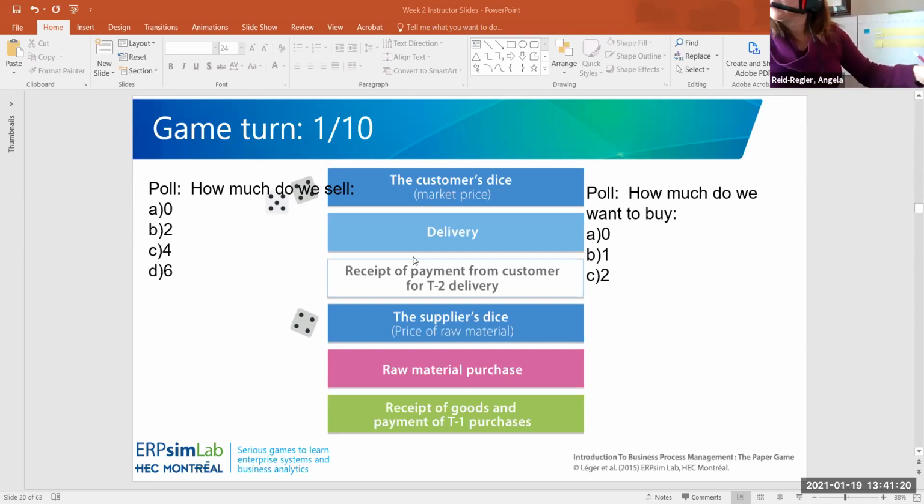But what we also have to do is record what we owe the customer. So we're going to put on our green sheet that again, we are buying 2 sheets at $4 each, and we pay for it 1 round away.